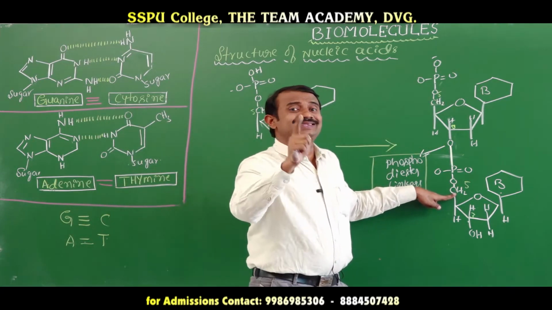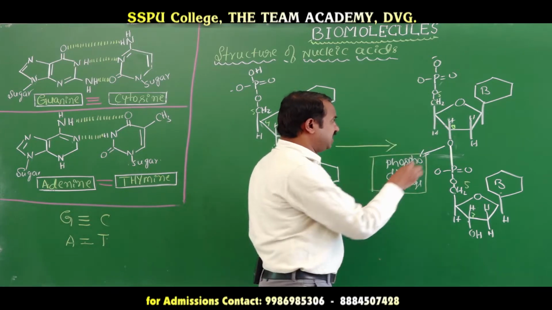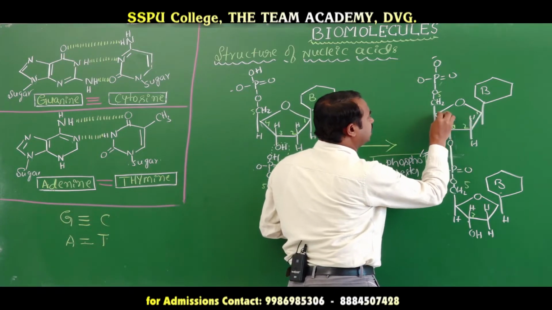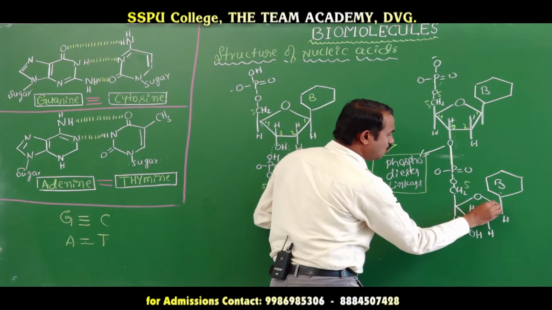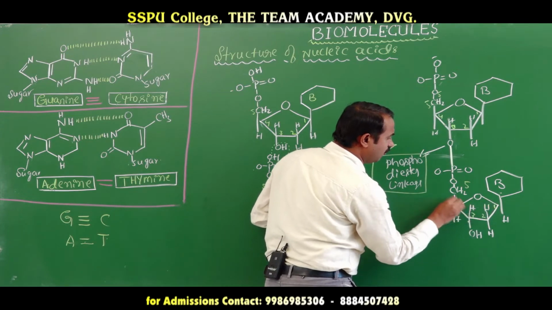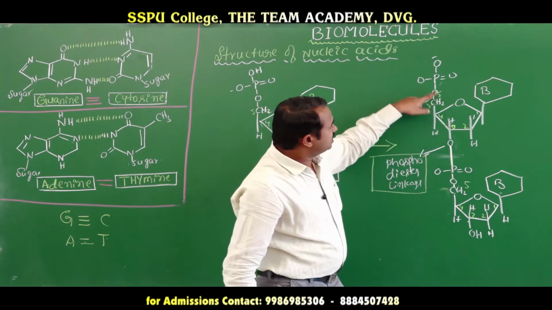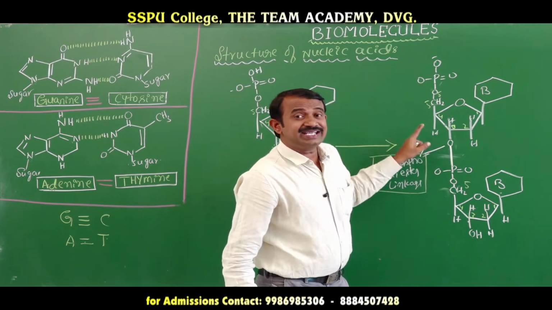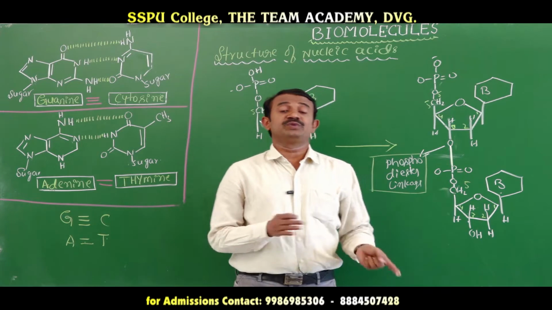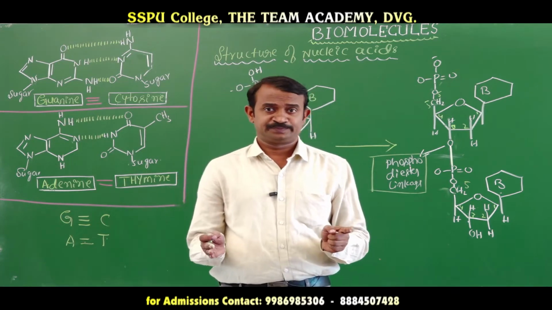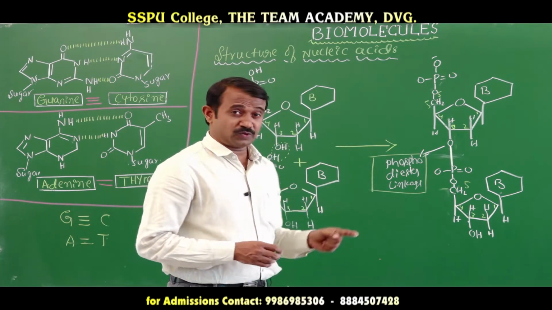The C3 carbon, this is the numbering 1, 2, 3, 4, 5. Here also 1, 2, 3, 4, 5. C5 carbon, C3 carbon. It is the inter-elimination between the two nucleotides, that is called phosphodiester.